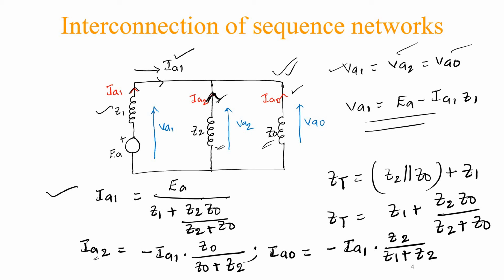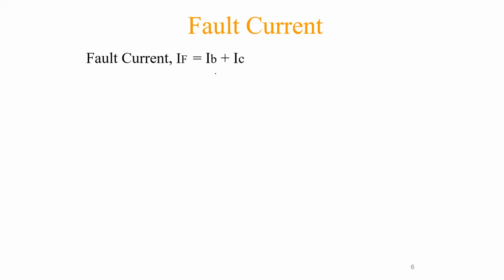Now what about the fault current? So fault current is equal to IB plus IC. You can write IB as IA0 plus A square IA1 plus A IA2, and IC as IA0 plus A IA1 plus A square IA2.